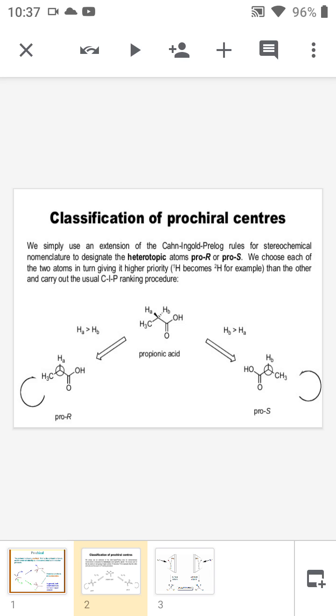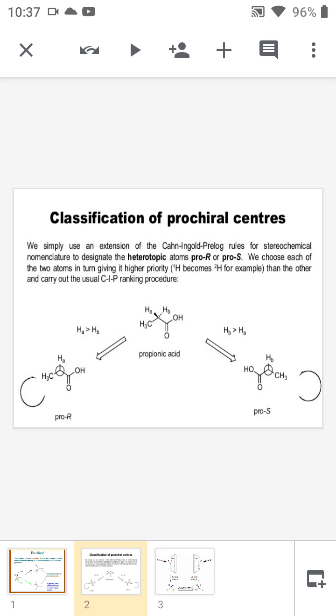For example, consider propionic acid. We know that propionic acid contains two hydrogen atoms. If we substitute one of the hydrogen atoms, that means Hb, or any of the substituents, then we get the resulting compound like this.